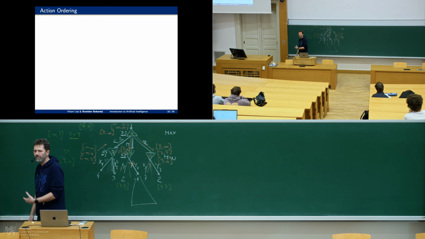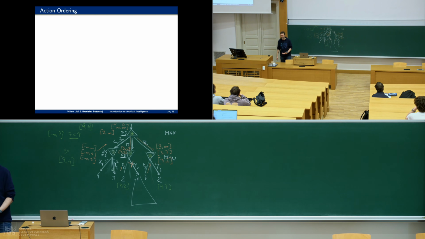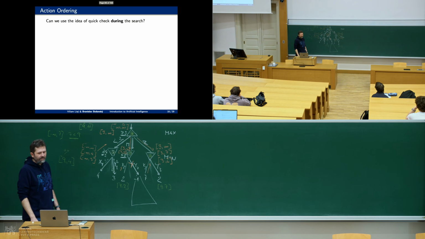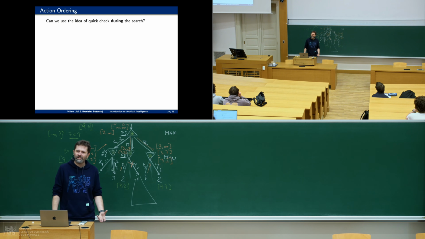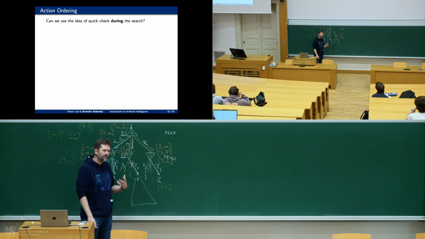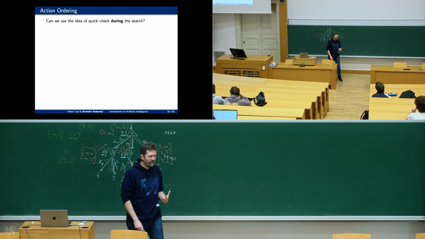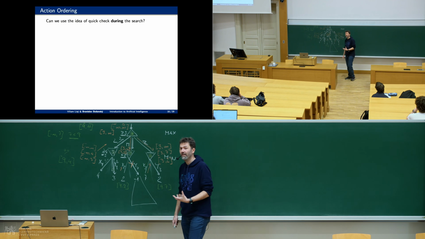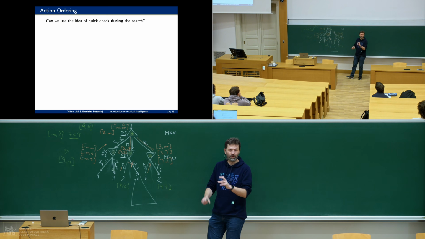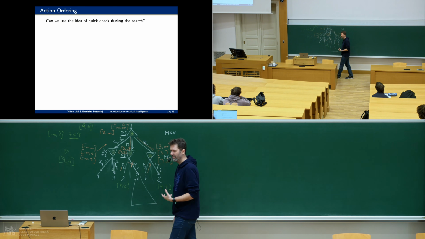However, in a game where you're actually implementing alpha beta, it really depends, and it's your choice which action is going to be explored first. And it can really matter whether the first action that the algorithm is exploring is the correct one, the optimal one, or whether it's not.